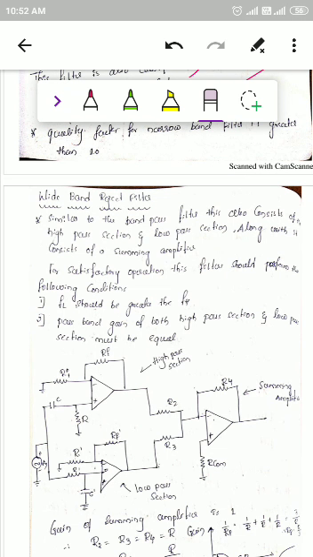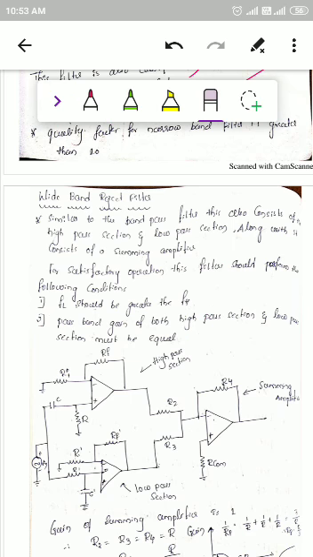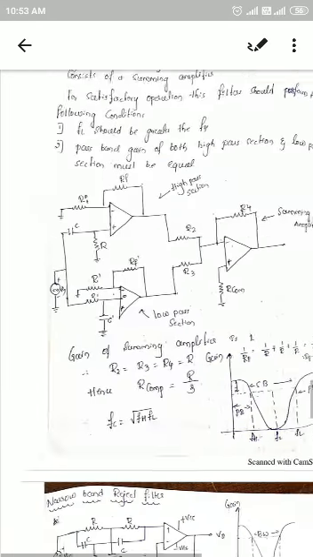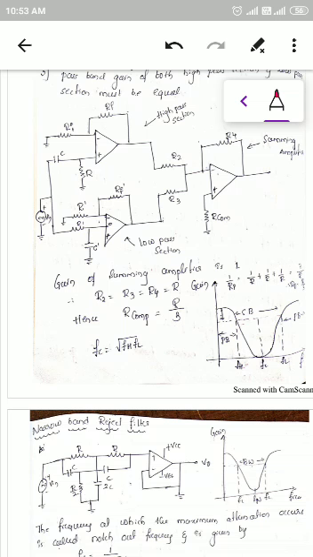In the previous wide band pass and narrow band pass filters, the high pass and low pass sections are connected in a cascaded fashion. Whereas here, they are not cascaded, they are connected to a summing amplifier.